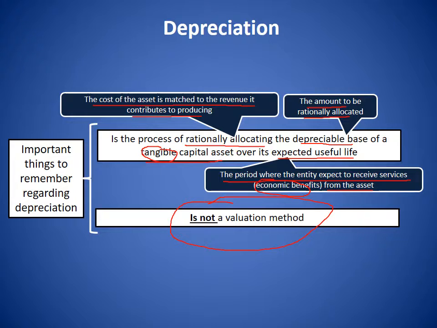So the net book value or the carrying value of the asset is only equal to the actual value of the asset by accident, or quite possibly on the day you actually purchase it, because at that point you've come up with an objective arm's length transaction between a willing buyer and a willing seller. But after that, it's really not a method of valuation. The carrying value, net book value, is basically a concept of what's left over in terms of the cost of the asset to depreciate, not valuation. So keep these concepts in mind.